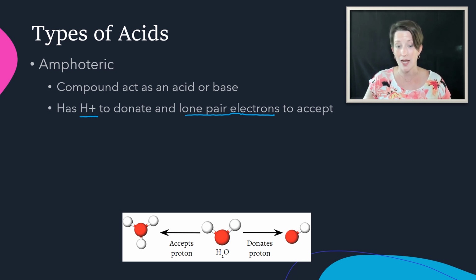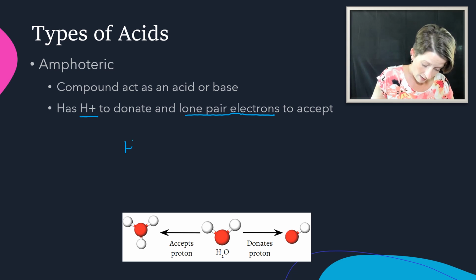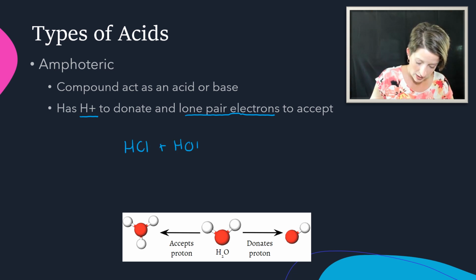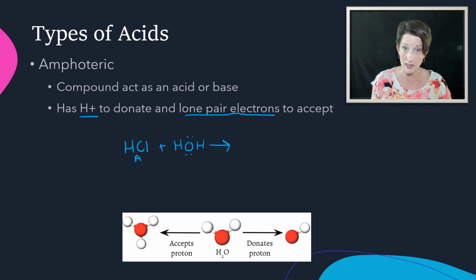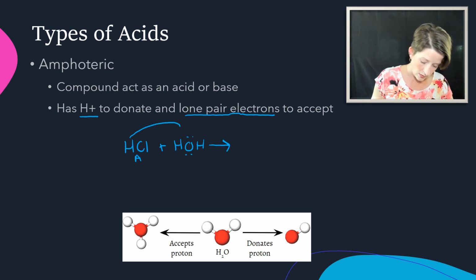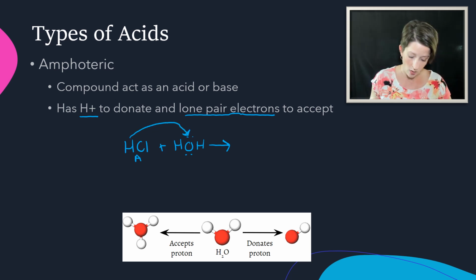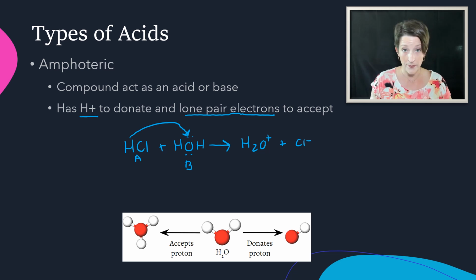Water is the most common amphoteric species because if you have HCl plus water, and I'm going to write HOH so we can see those lone electron pairs, HCl is going to act as the acid because it has a proton to donate. So it's going to donate that proton to water, which means water is going to act as our base to give us our hydronium ion and then the chloride ion.